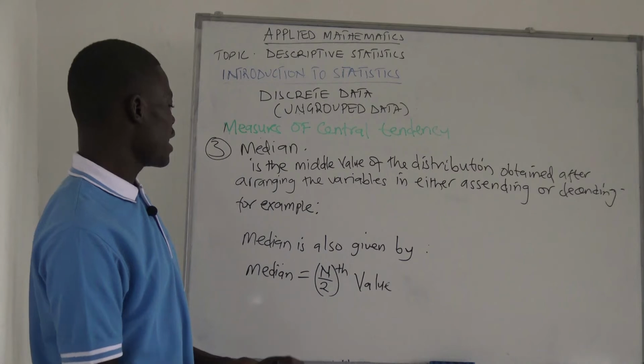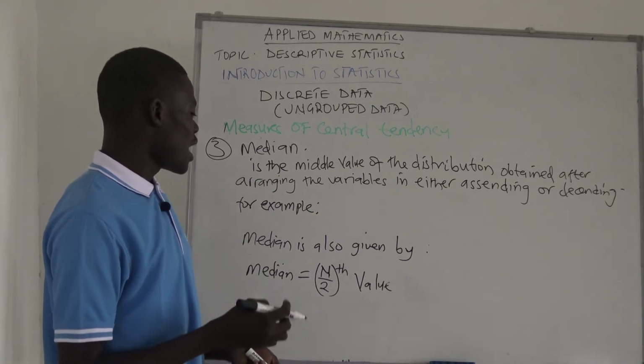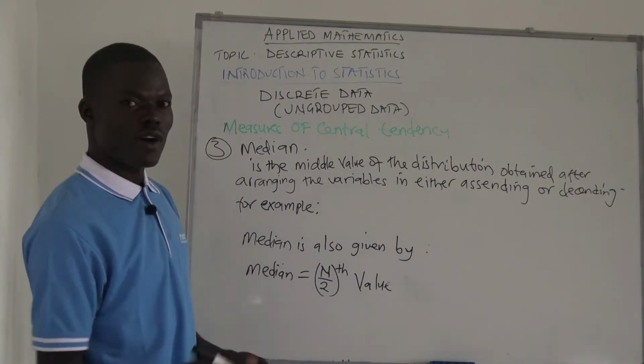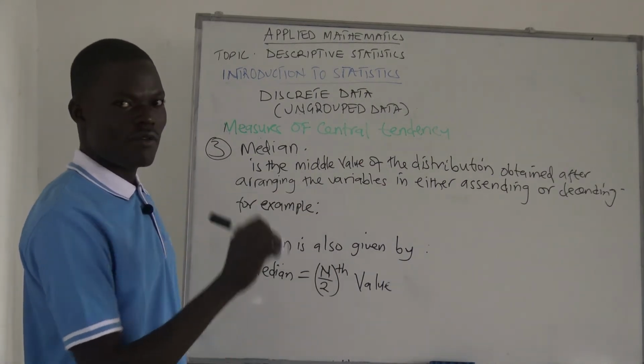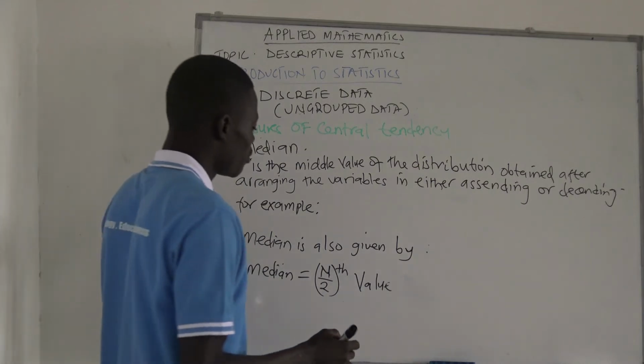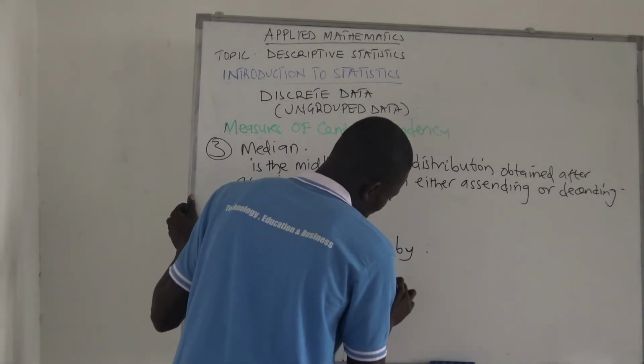If your n is 10, you divide 10 by 2, which is 5. Then you come to the cumulative frequency, get where 5 is fitting, and then you get the variables from x and its value.